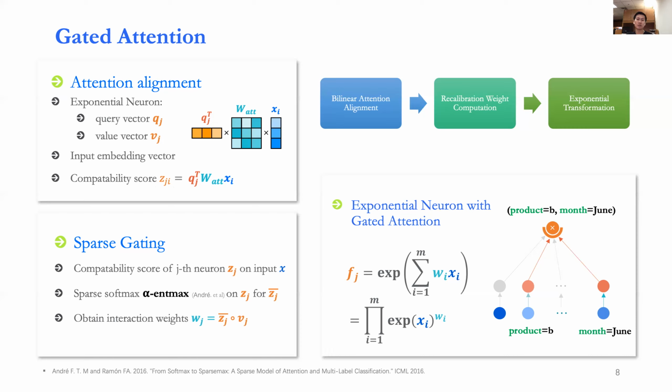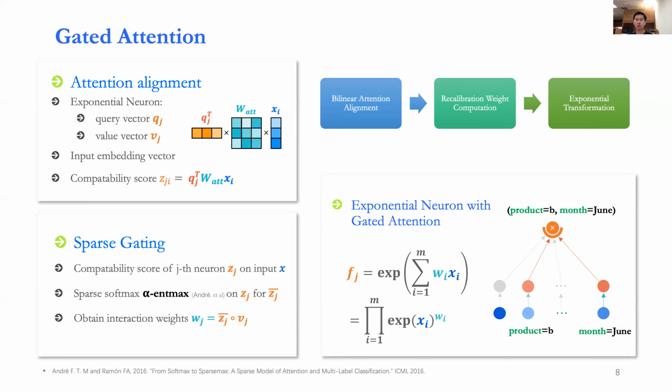And then the second step, sparse gating. To make each neuron only attend to informative input features, the crux here is to apply alpha-entmax on the compatibility score Zj. Alpha-entmax is a sparse version of softmax, which can filter out less important inputs.